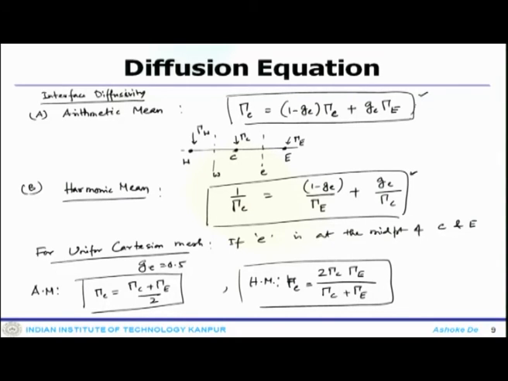When you have a non-homogeneous system and your diffusivity is changing in space, on top of that, if across this cell interface, let us say any of this interface E or W, the change of this diffusivity is very abrupt or rather sharp, that means between gamma C and gamma E or gamma W, gamma C, there is a huge gradient which exists.